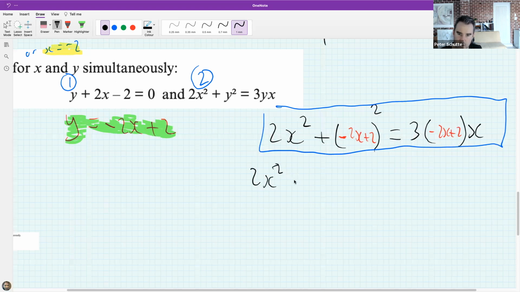Some of you might know a shortcut. Some of you might just want to write this out the long way. And then I'm going to move the x to the front.